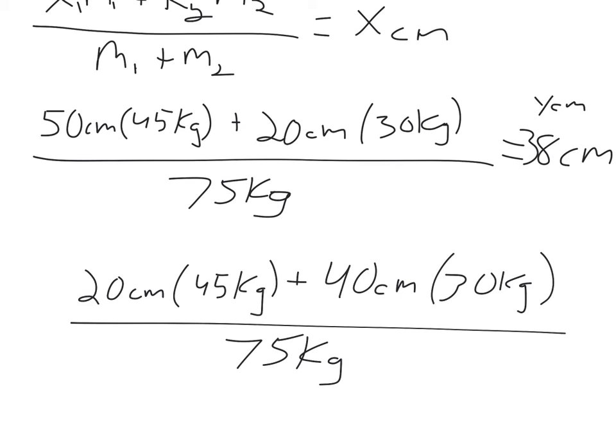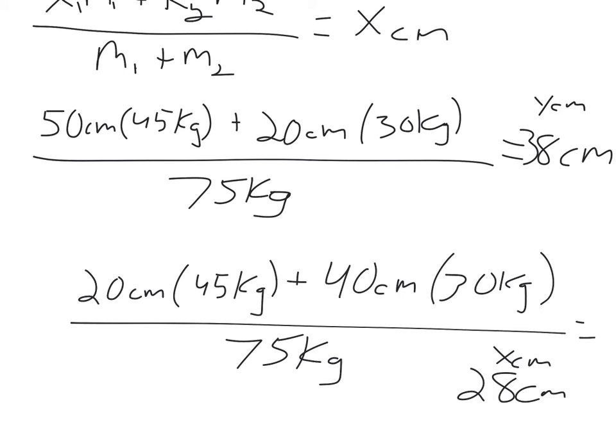And again, I'm going to leave my stuff in centimeters and get an answer in centimeters. So 20 times 45 plus 40 times 30 and divide that by 75, and I get 28 centimeters, and that is the x center of mass.